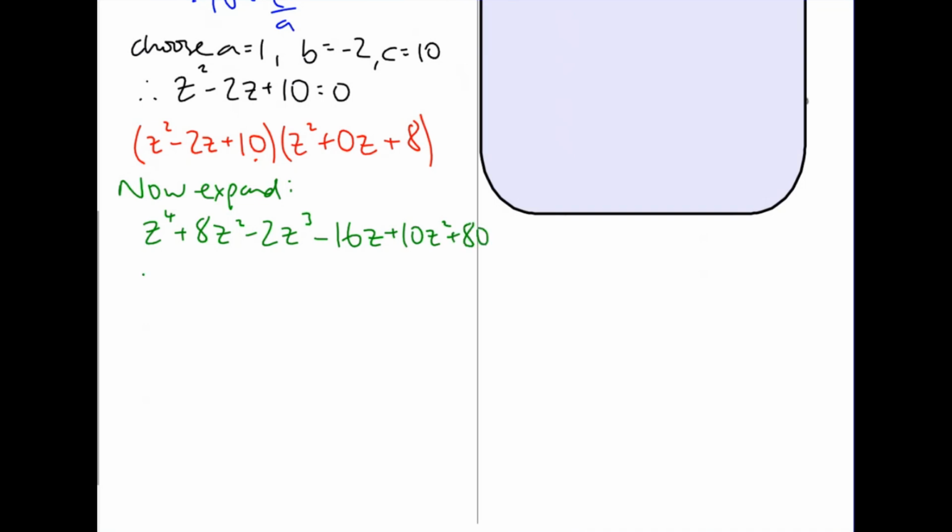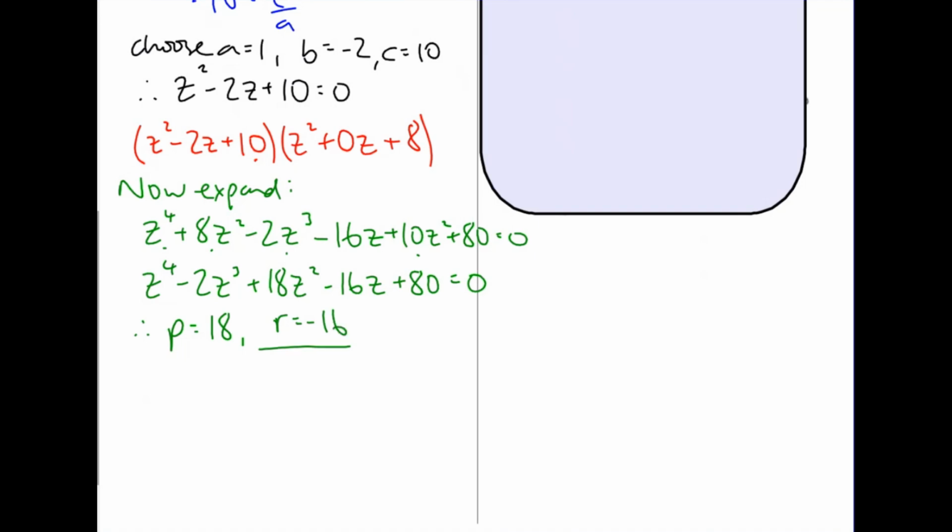Collect all like terms, so z to the 4 minus 2z cubed. There are 2 z squared terms, that's plus 18z squared. There's only one z term, so minus 16z, and plus 18. So that tells us that p must be equal to 18 and r must be equal to minus 16.